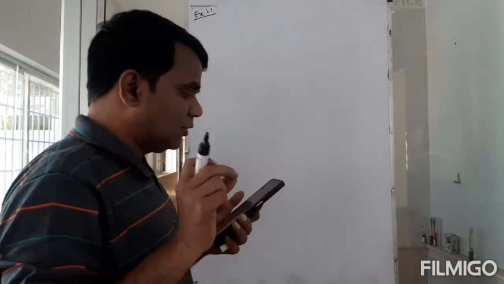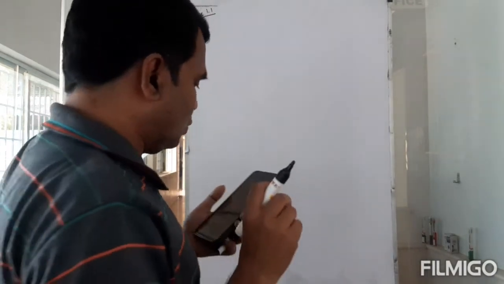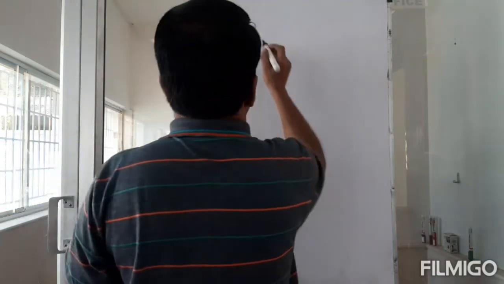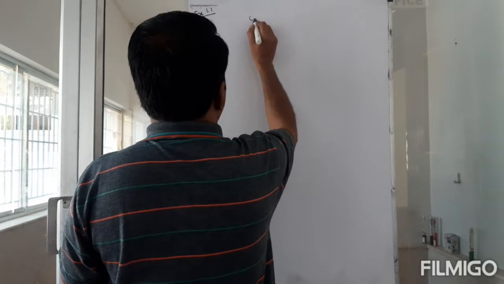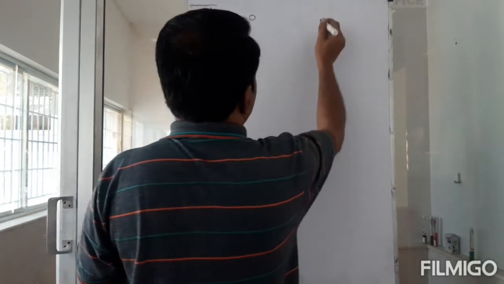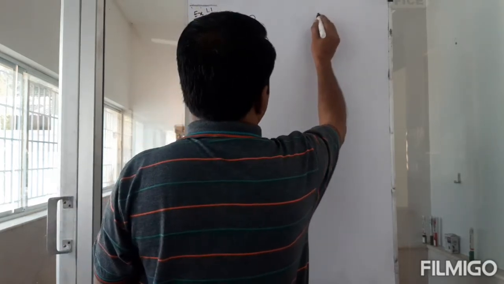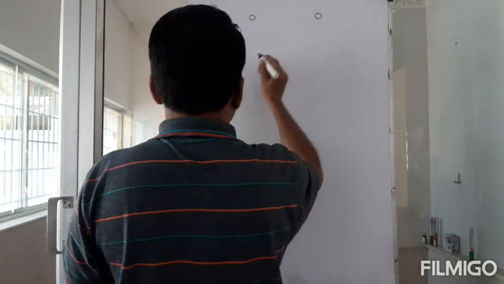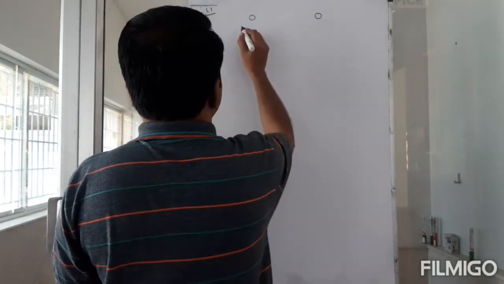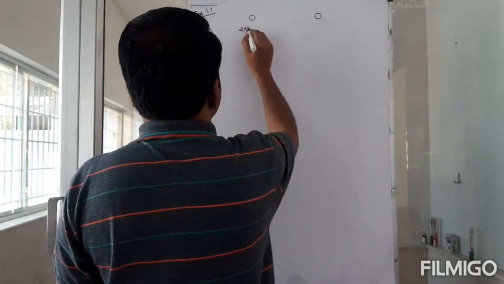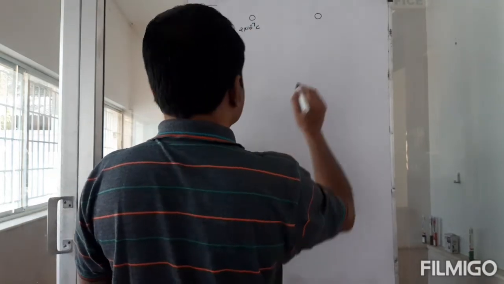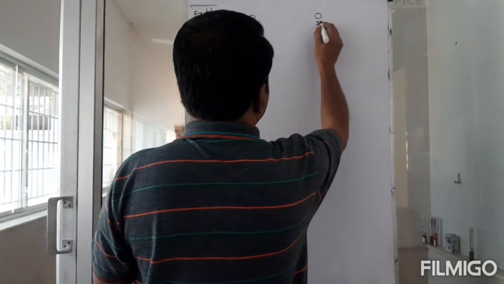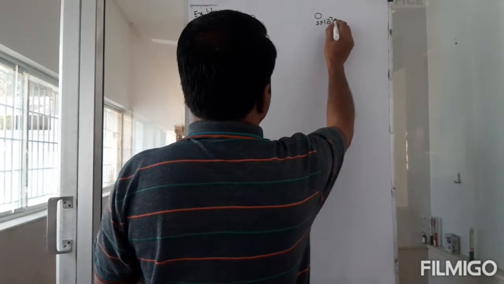So you have two charges. One is 2 into 10 power minus 7 Coulomb. There is a small sphere, and there is also another small sphere here. So one has 2 into 10 power minus 7 Coulomb, and then the other one has 3 into 10 power minus 7 Coulomb.